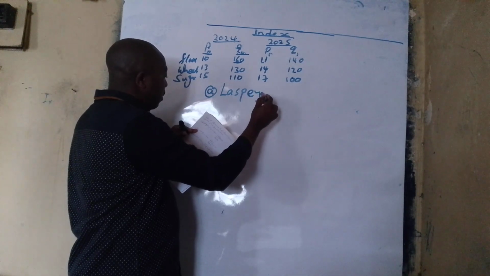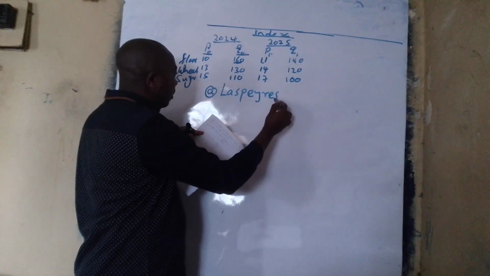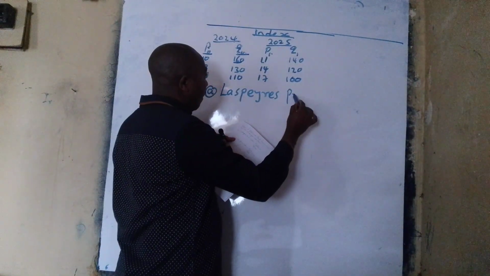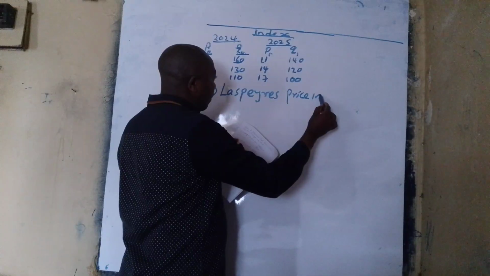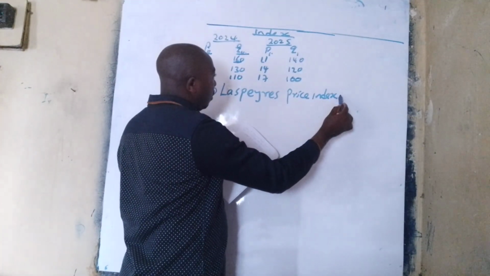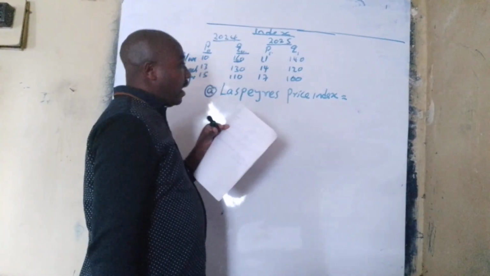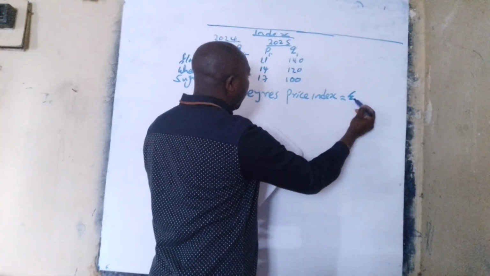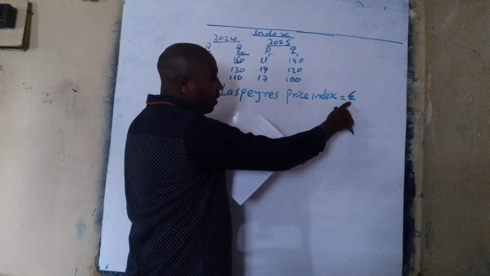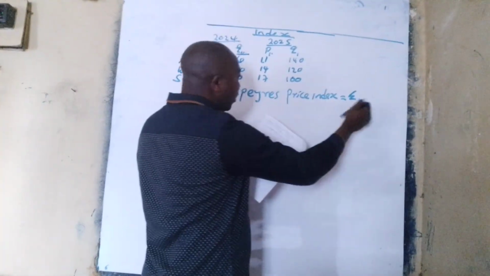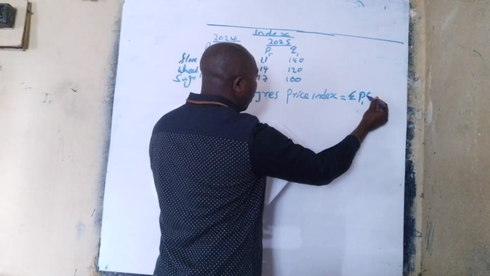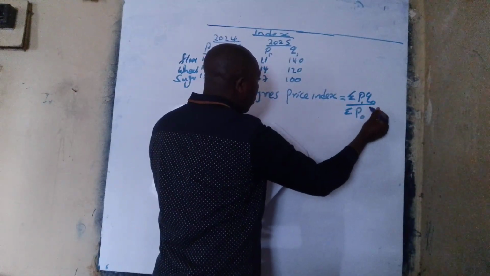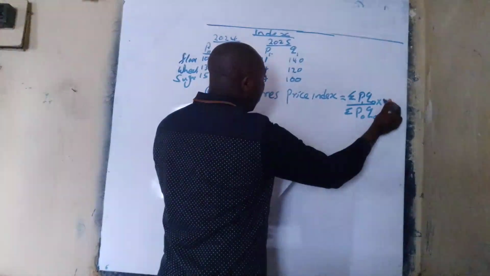the Laspeyres price index. And this Laspeyres price index is given by the formula: summation, this means total, summation of P1Q0 all over summation of P0Q0, then times 100.